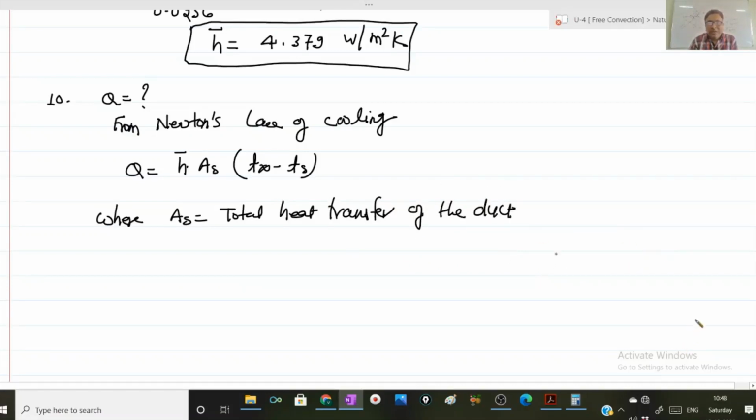So as you can see here, this is the duct.